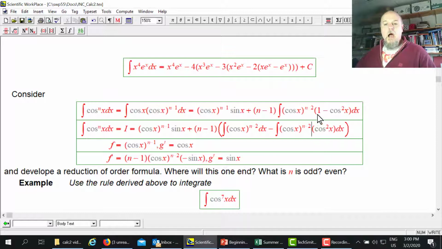Okay, so I'm distributing this cos x to the n minus 2 across this bracket. This minus sign is this minus sign. But here, cos x to the n minus 2 and cos squared, these clean up to be just straight cos to the n if I add exponents.